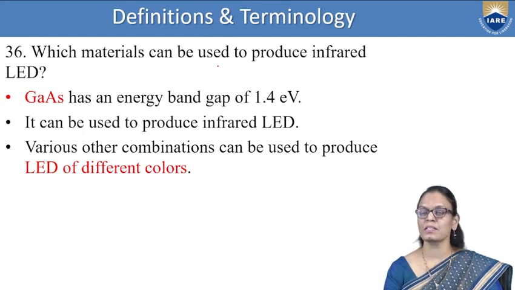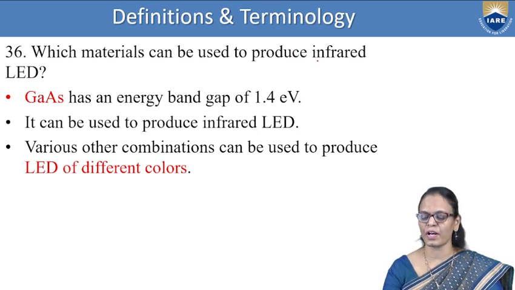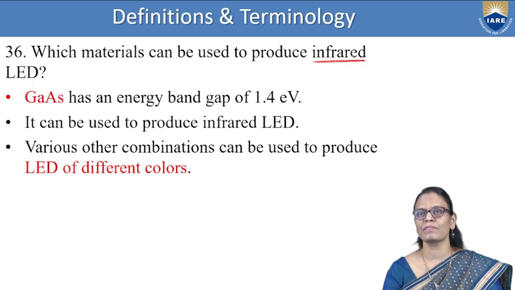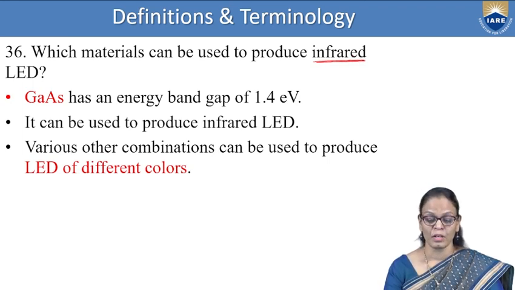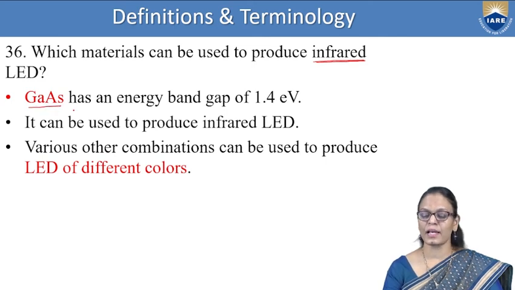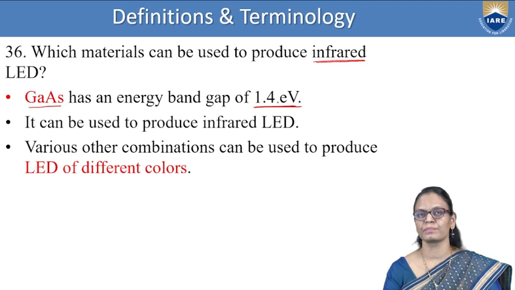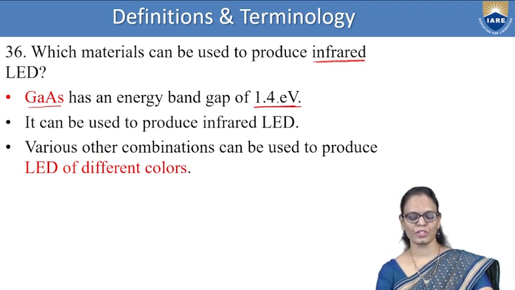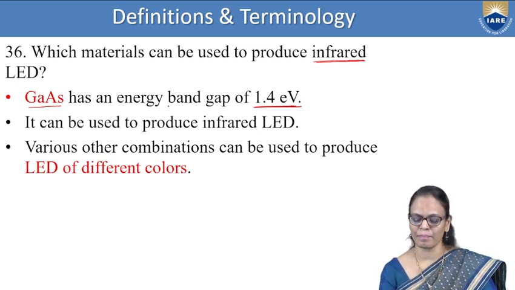Then which materials can be used to produce infrared LED? Infrared means in this particular region, the wavelengths are above 7000 angstrom unit. Gallium arsenide has an energy band gap of 1.4 electron volt.